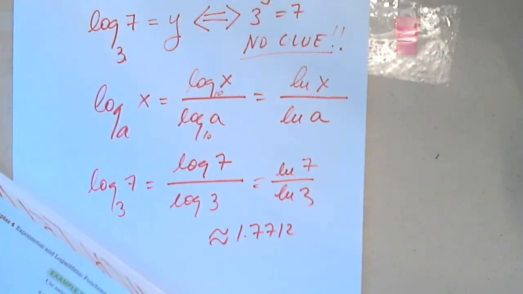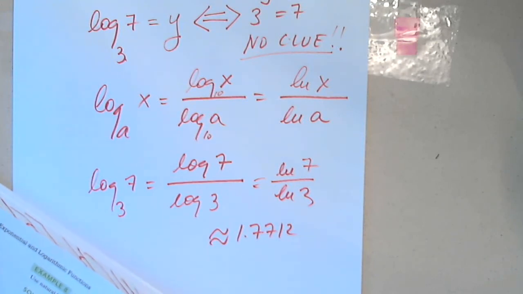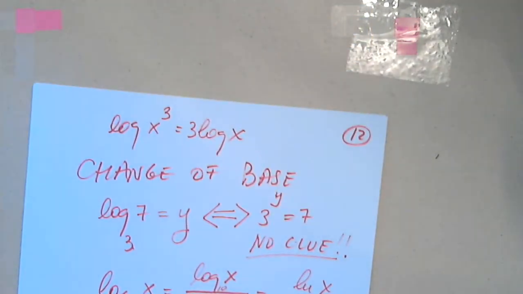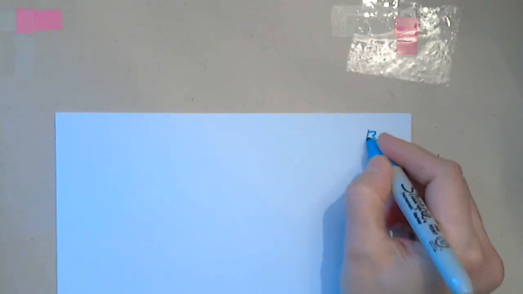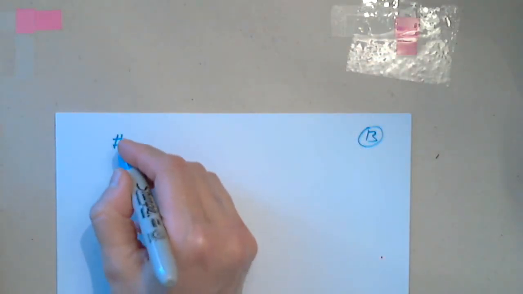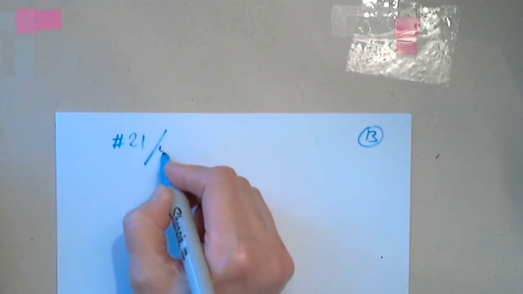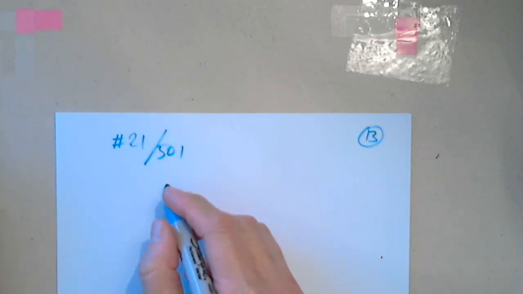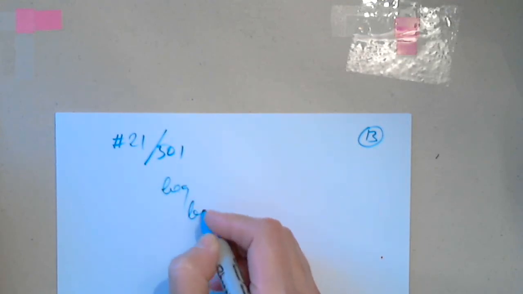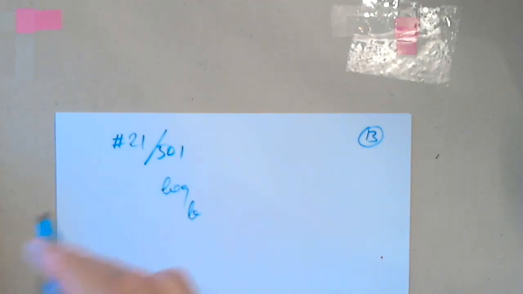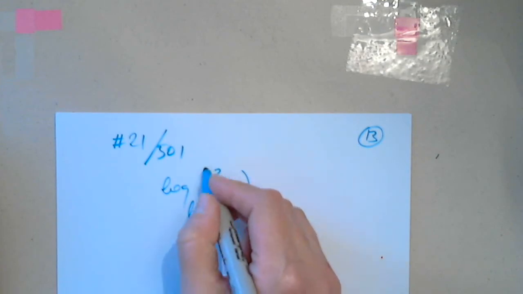And I know we have a few minutes left, but I would like us to use the properties of logs to expand. Just one example and I'll stop. So let's look at problem 21 on page 501. So this is log in some base called b of x squared y.